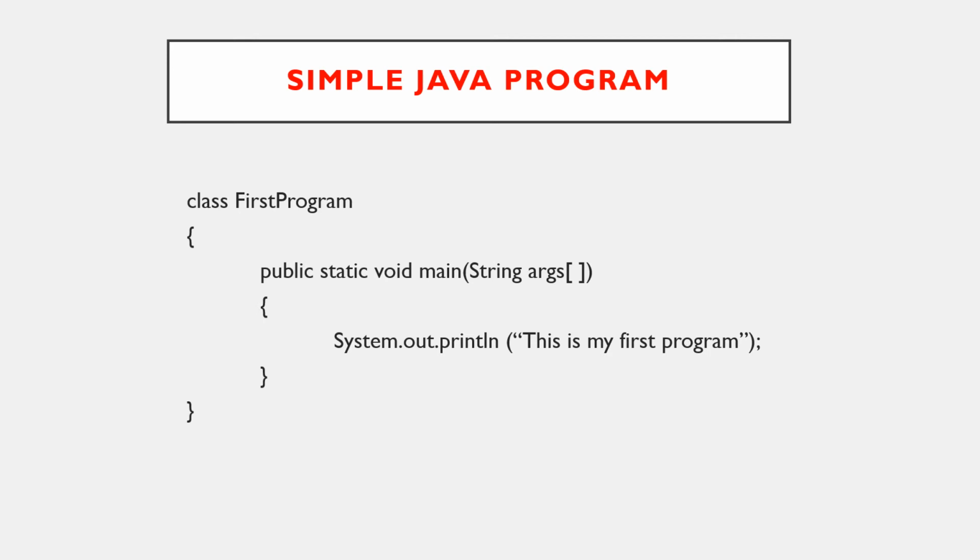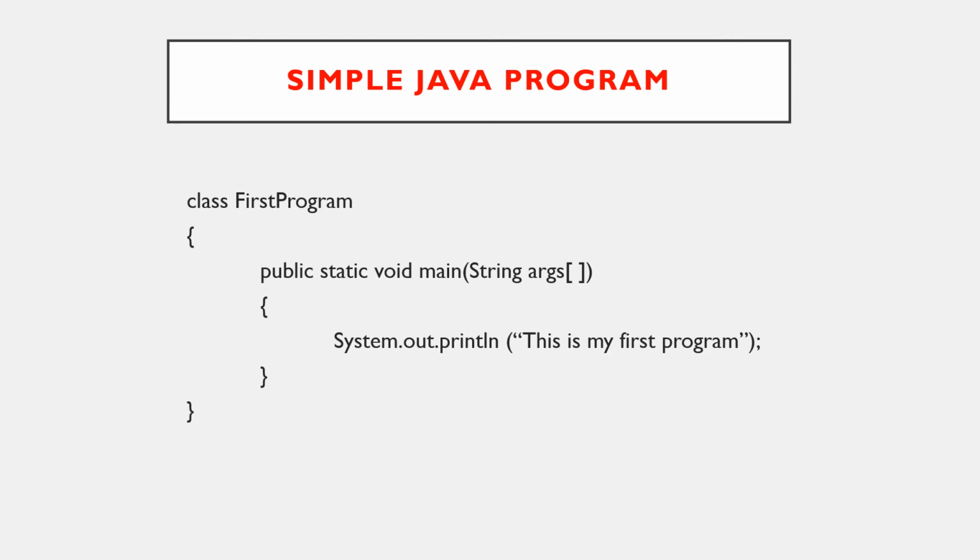Within the closing bracket, it has one statement that is called the output line. We can call it system.out.println. It is the only executable statement in this program. This is similar to the printf statement in C and the cout statement in C++. Since Java is a truly object-oriented programming language, every method must be a part of an object.